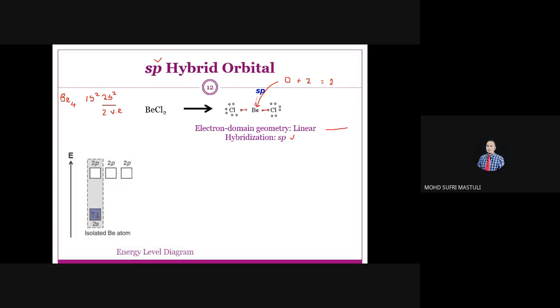So this is the energy level diagram. It's similar to what we did before for hydrogen, oxygen or nitrogen. But in that case, we just ignored the energy level of the orbital and drew it in a horizontal line.